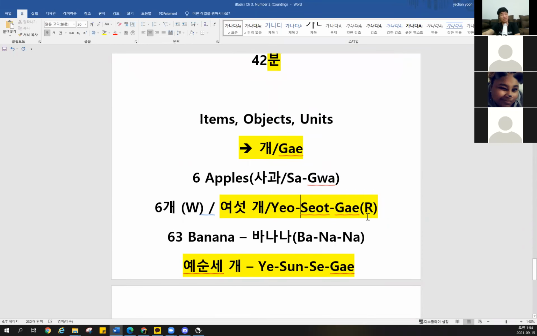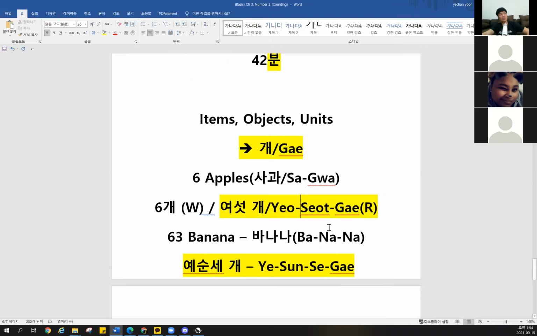All right. How about 63 bananas? I like bananas, but I don't eat 63 bananas. Okay. So 63 bananas, how can you say it? Banana is actually exactly the same in Korean. We use the banana word in Korean, but with Korean pronunciation. So it's going to be 바나나. Okay, banana.